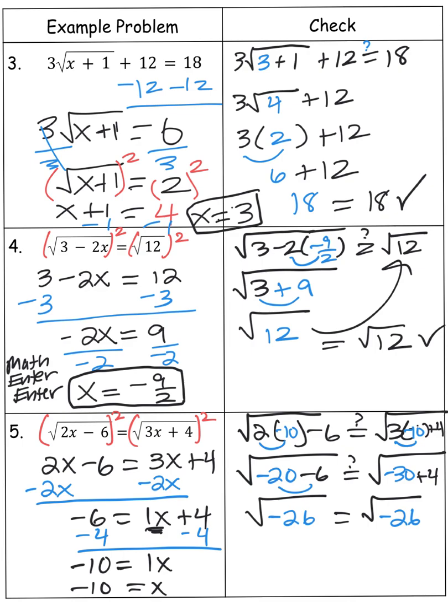Now at this point, some people might be thinking that x equals negative 10 is the solution. But if you remember from the last unit, when you take the square root of a negative, it's an imaginary number. And imaginary numbers don't exist in this unit. If you remember from our graphs, we have those restricted domains.